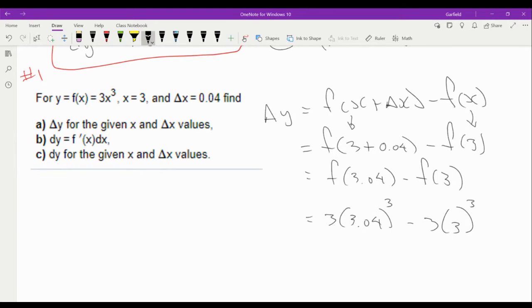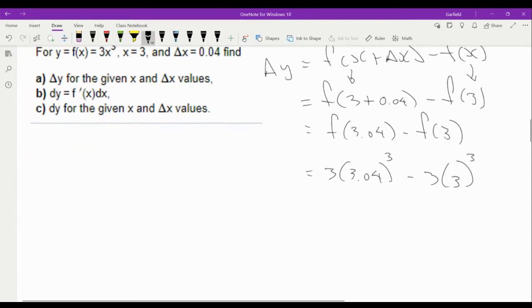Professor, can you explain why you did the 3 plus 0.04 minus 3 instead of 3x cubed? That's confusing me. The extra 3 that's in front of the parenthesis. Not extra 3, but yeah, that kind of confused me as well. I'm confusing you.